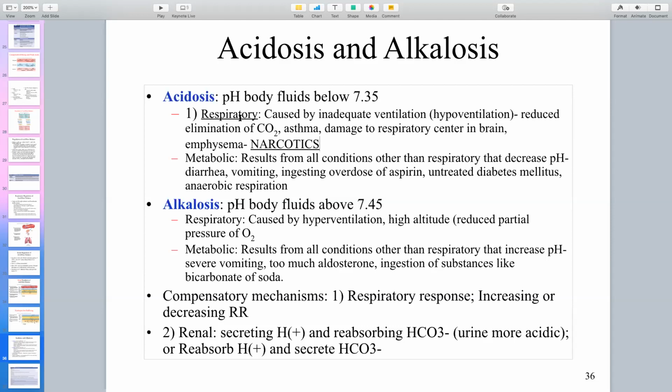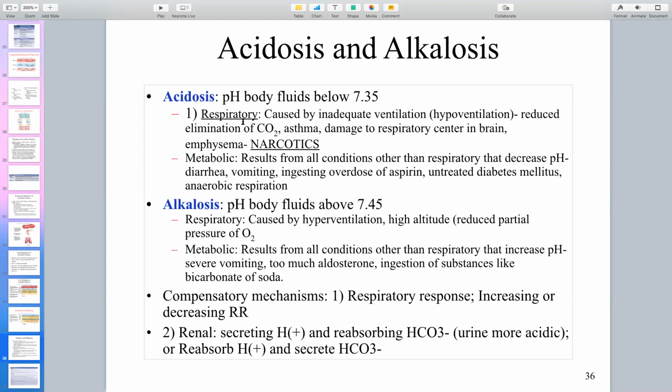No. If we had a respiratory response, it would have offset it already. You wouldn't have gotten acidosis. So when we have respiratory causes of acidosis or alkalosis, we will not see a respiratory response. Instead, we'll see only a renal response.